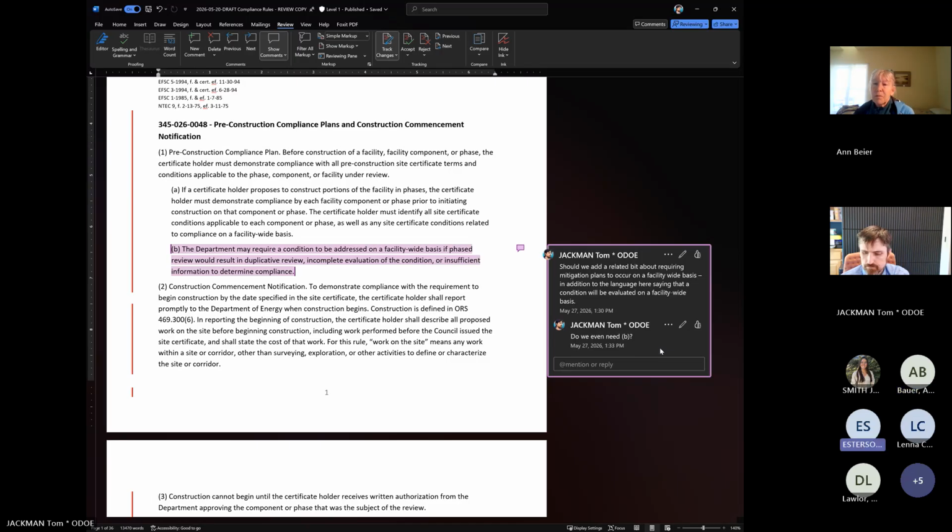I guess the problem with just calling out habitat is it likely applies to a suite of other resources as well. To me, it's like a mitigation plan, and it kind of is dependent on the resources, but the mitigation plan may not be triggered or may not be fully triggered at the beginning.